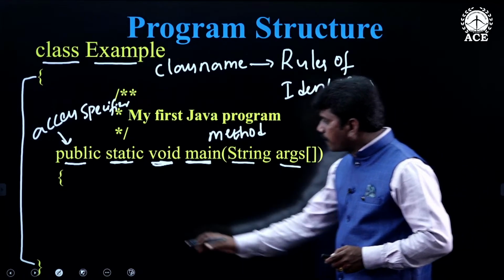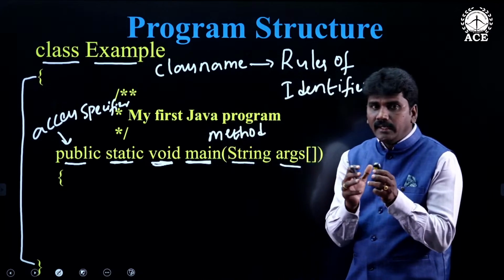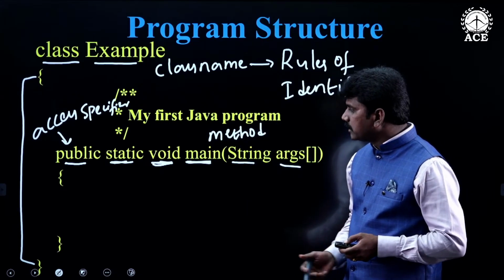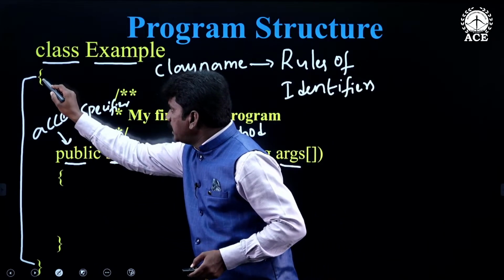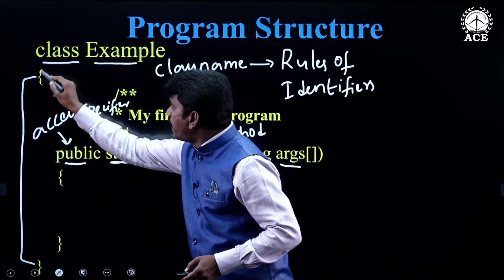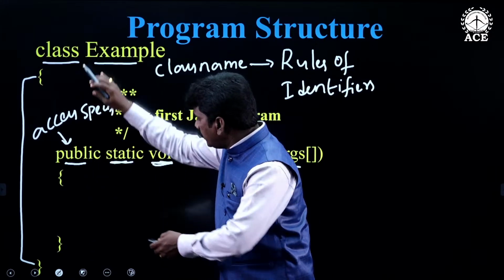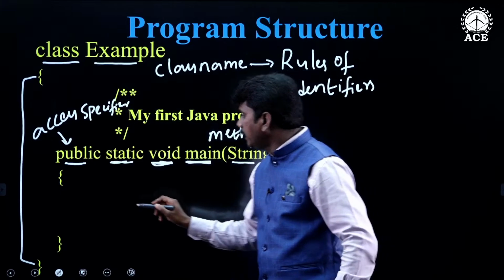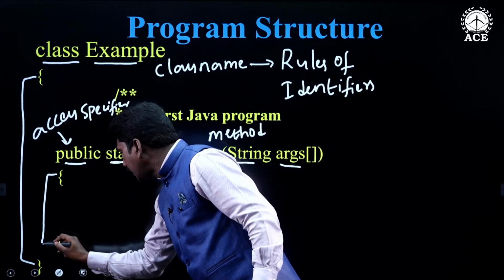Next, after this opening brace, the main method will contain its body. From here we have seen the scope of the class: the entire code we have written belongs to the class. Similarly, we have the scope of the main method.